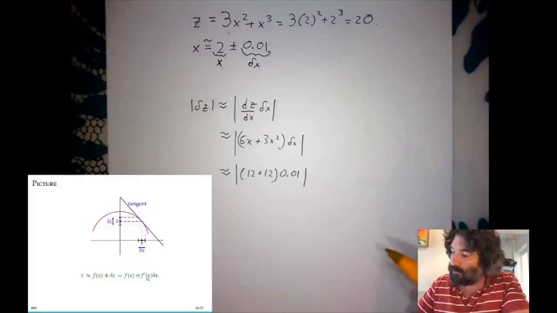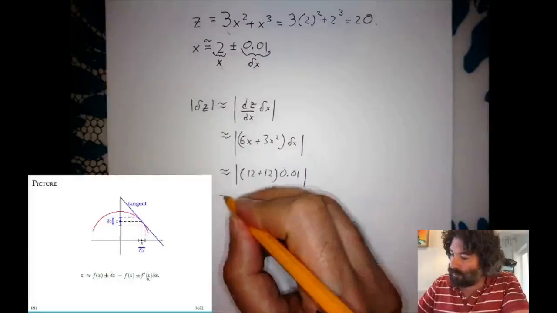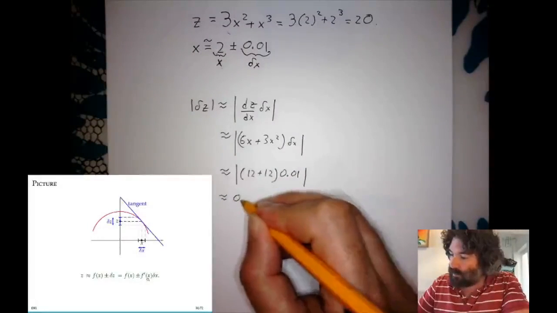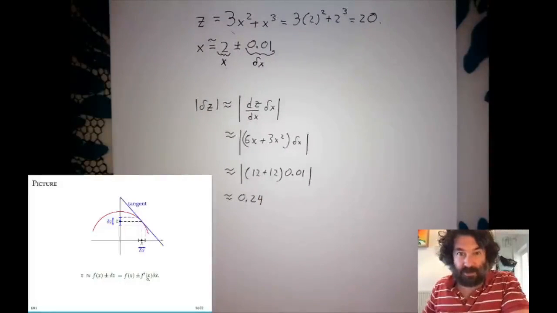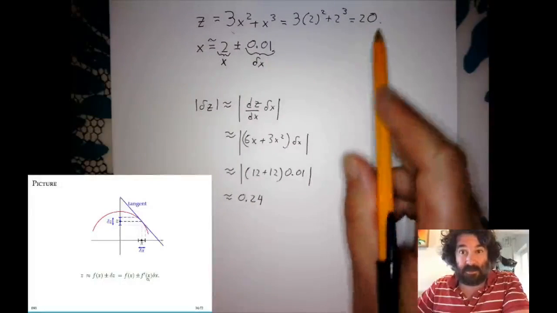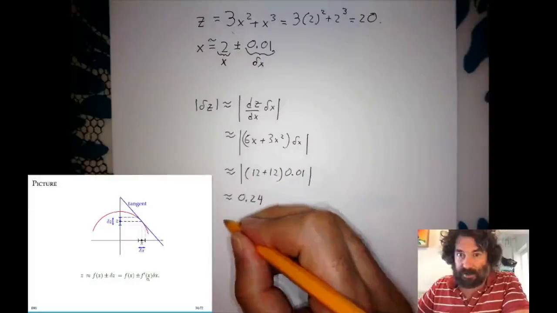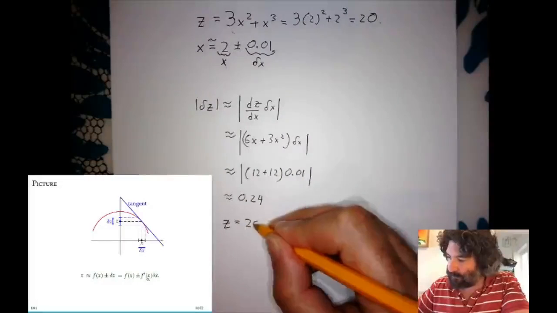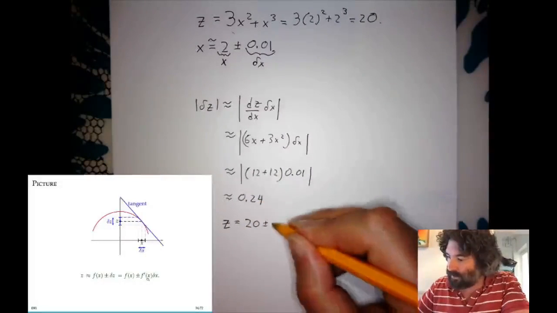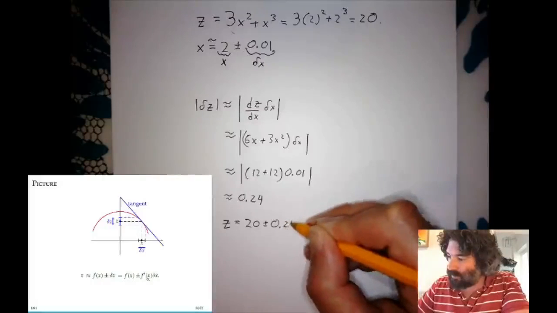So we have 24 times 0.01, so this is 0.24. All right, and so this would be the size of error we would give for z, and then this is the calculated value. So we would write z equals 20 plus or minus this error 0.24.